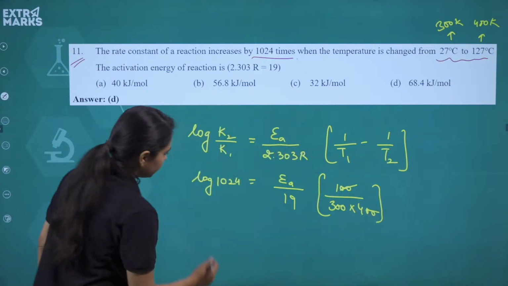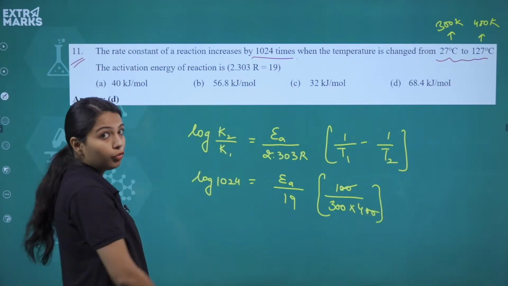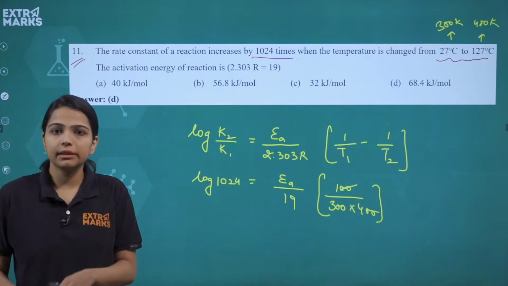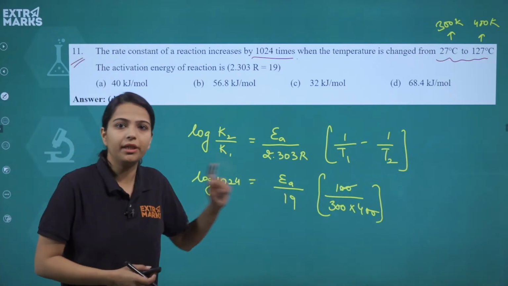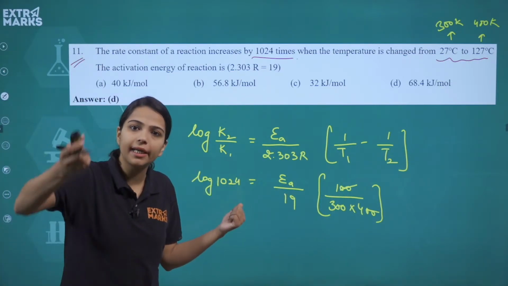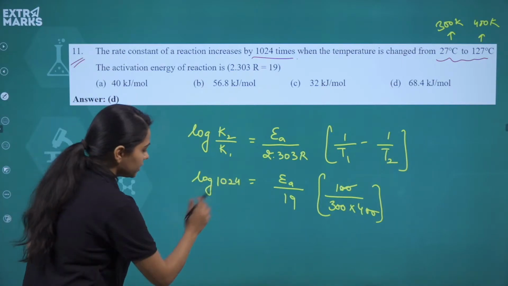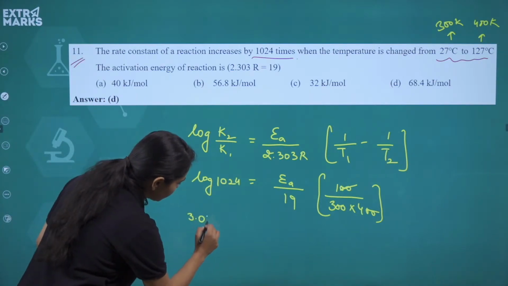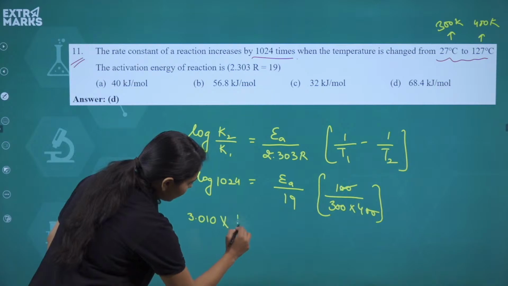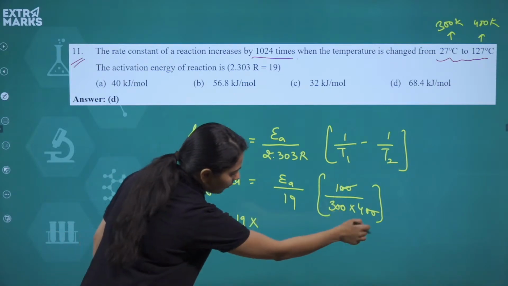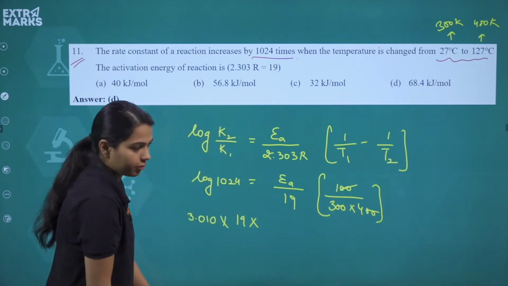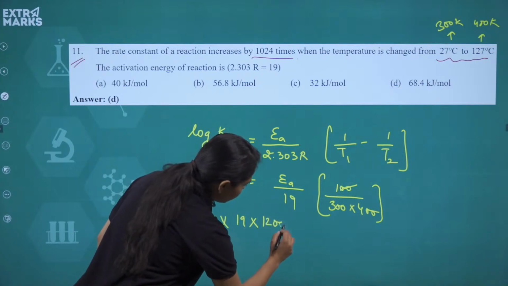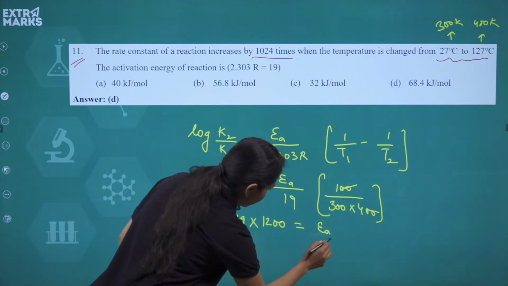Zeros will be cancelled. So this log 1024. See, log 1000 is 3. This is 1024. So this value has to be greater than 3 here. So log 1024 is actually 3.010 multiplied by 19 into, from here you will get 1 upon 1200. So 1200 is also multiplied here. This is equal to the activation energy.